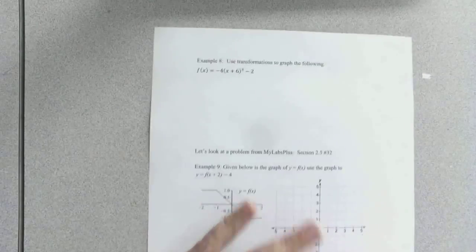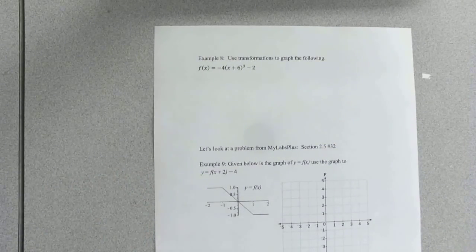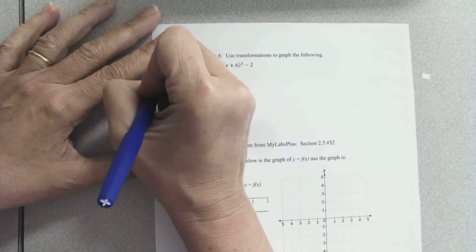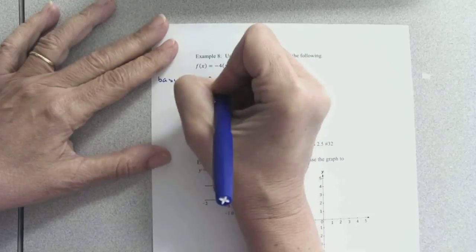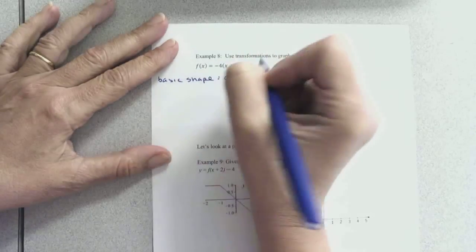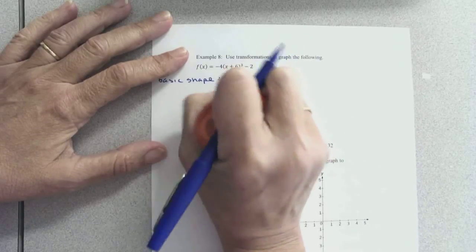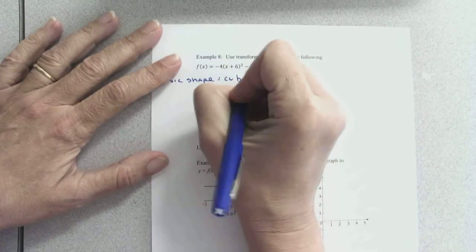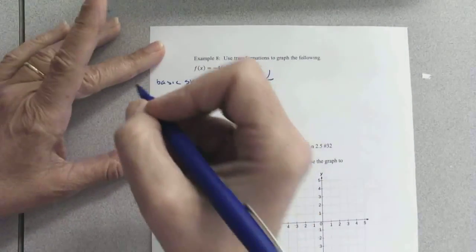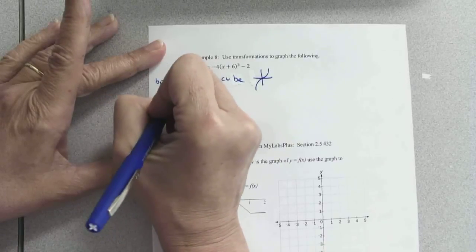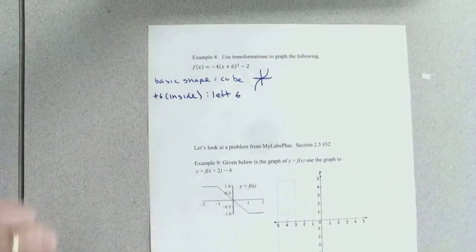Okay, last page in this section. Use transformations to graph the following. So, thought process. Basic shape. The cube. Which looks like that. The +6 inside, that's horizontal, goes opposite to what you expect.